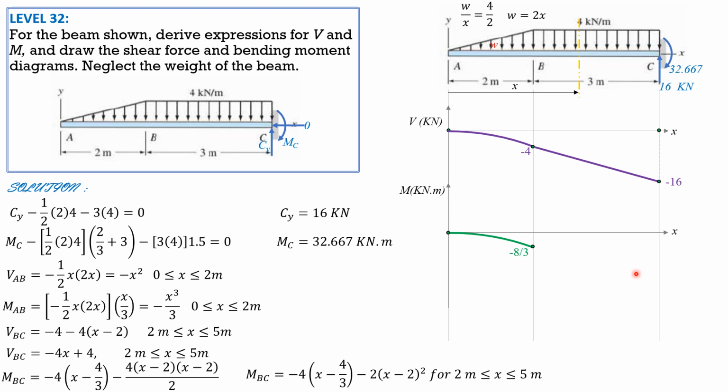So it is continuous. When x is 5, substitute here and you will get negative 32.6667. So connect negative 8/3 and negative 32.667 with a concave downward curve again, because the coefficient of this second degree curve is negative, so the concavity is downward.